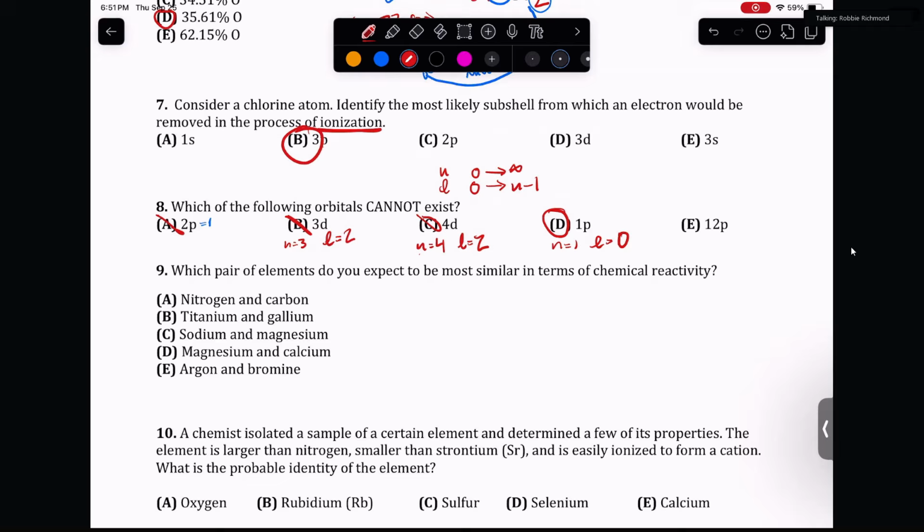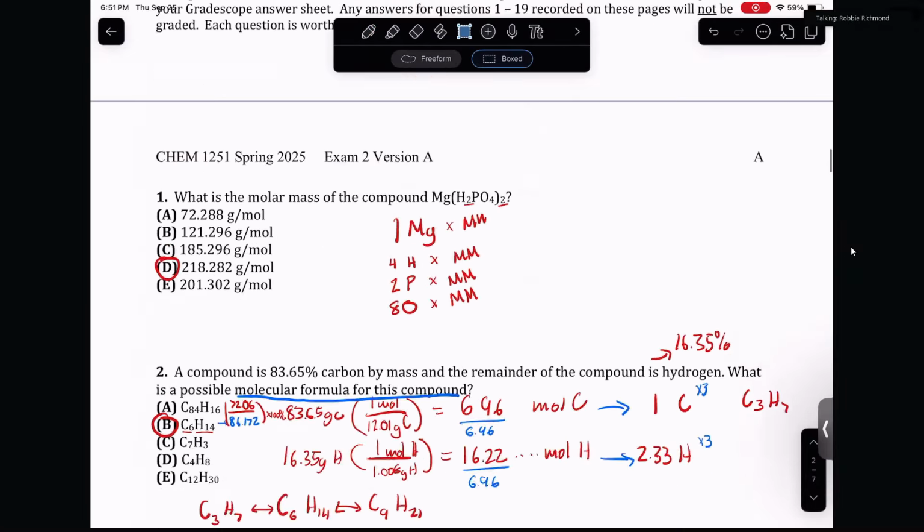All right, question 9. Which pair of elements do you expect to be most similar in terms of chemical reactivity? When we're talking about something that's similar in a chemical sense, we're thinking of something that's within the same group. So, take all of these answer choices. I'm going to just save them and then go up here.